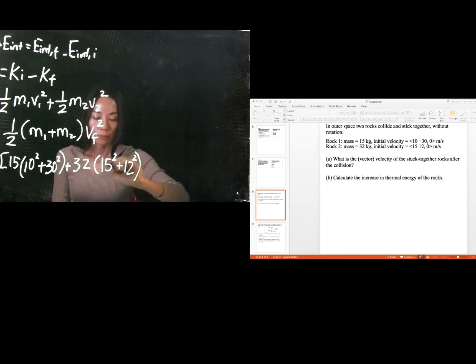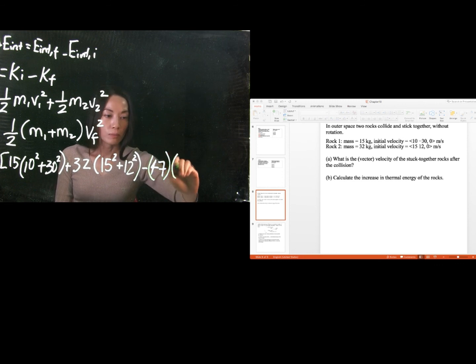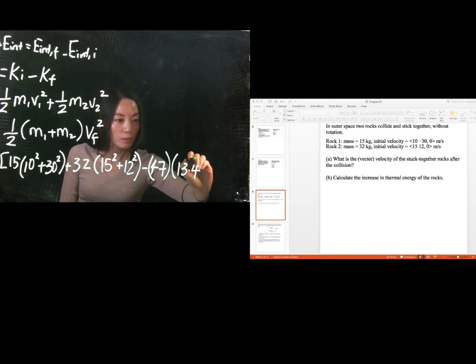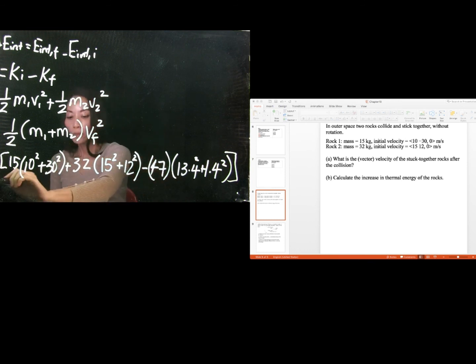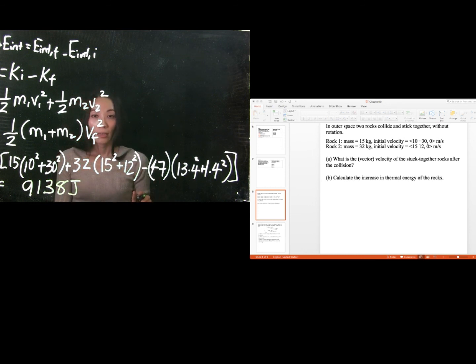So we have to do that. That's the combined mass. Then we have the vector result of the final velocity. So this gives us a final change in internal energy, which is the thermal energy of the rocks, of 9,138 joules.